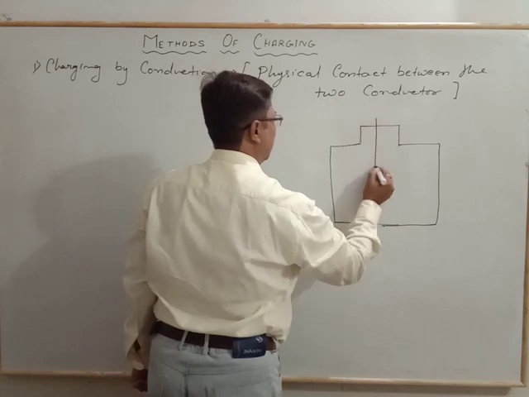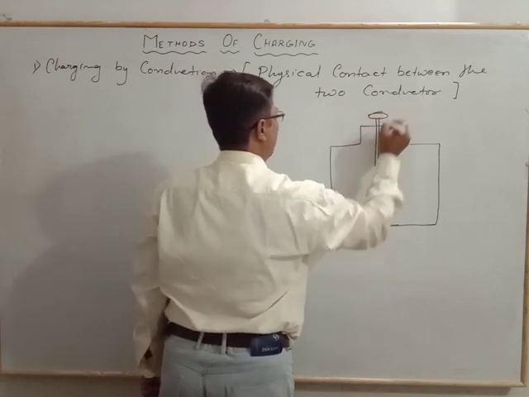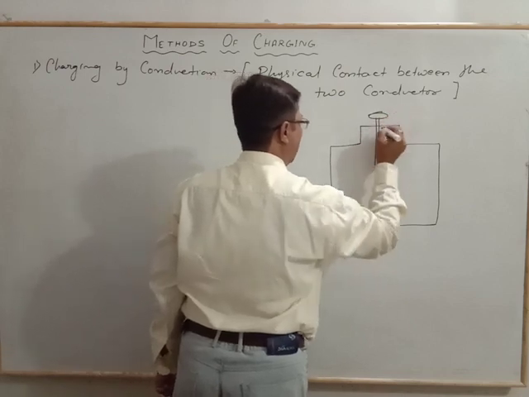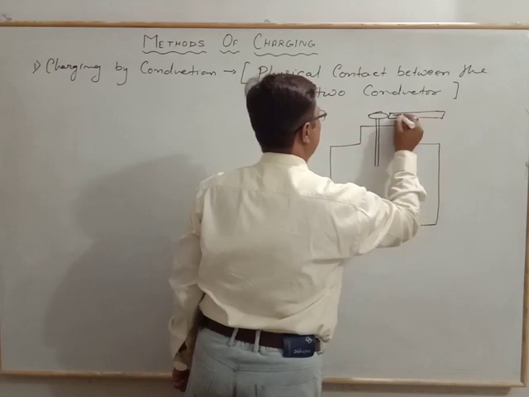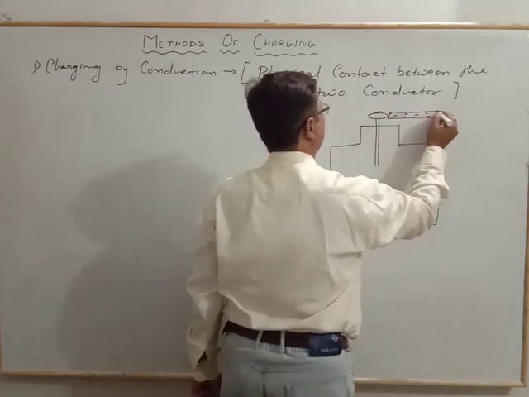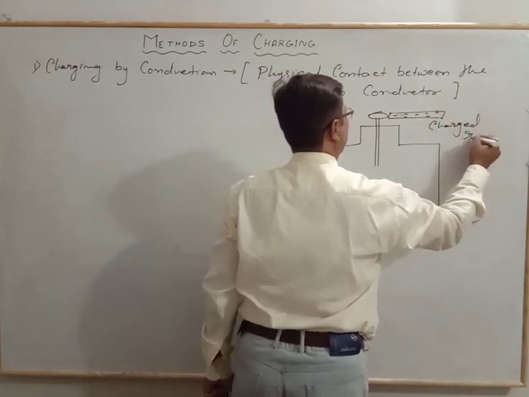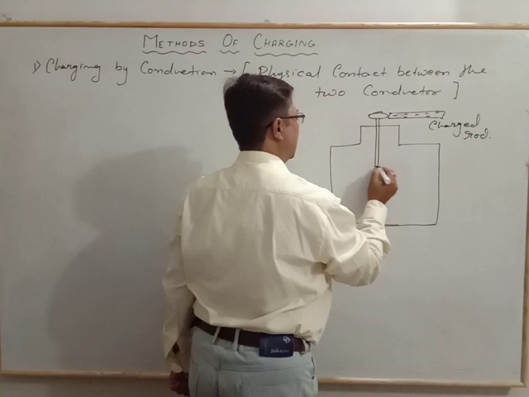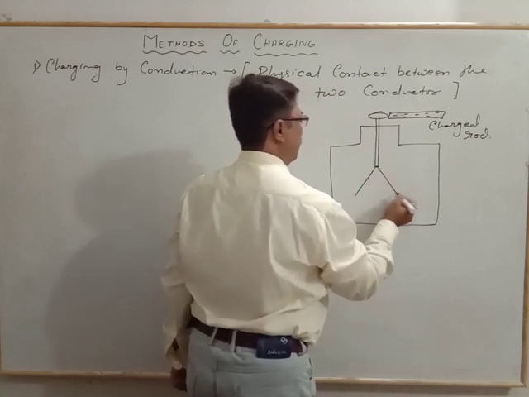If we give charge to the electroscope by a charged rod, let's suppose it is a negative charge rod, the charge will move and separate the plates.